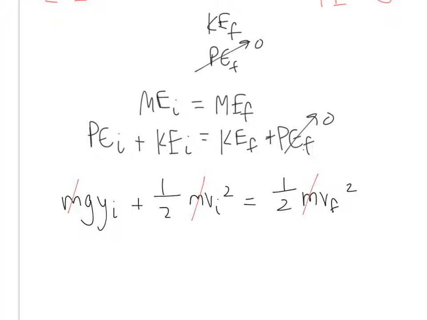If I had a spring, why can't I cancel mass? Anybody remember the formula for potential energy in a spring? 1/2 kx squared. You don't have to memorize it. I'm going to give it to you, but we're going to do that in the next example. A spring does not actually account for the mass.